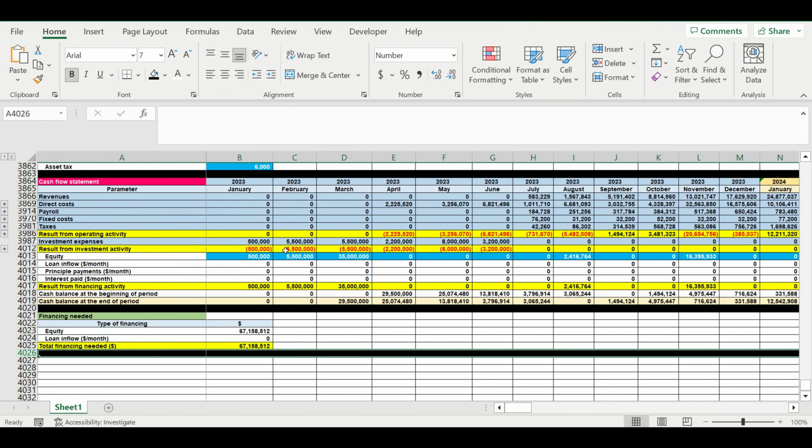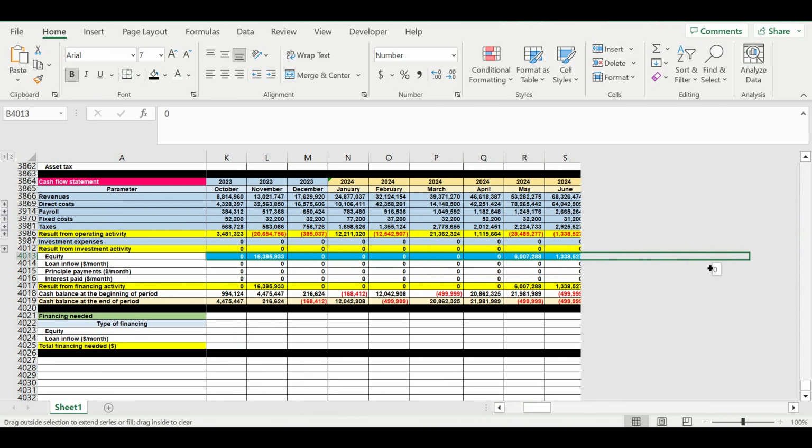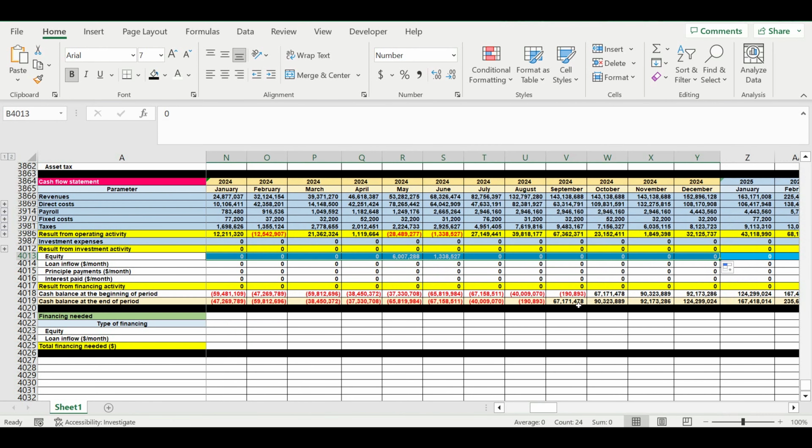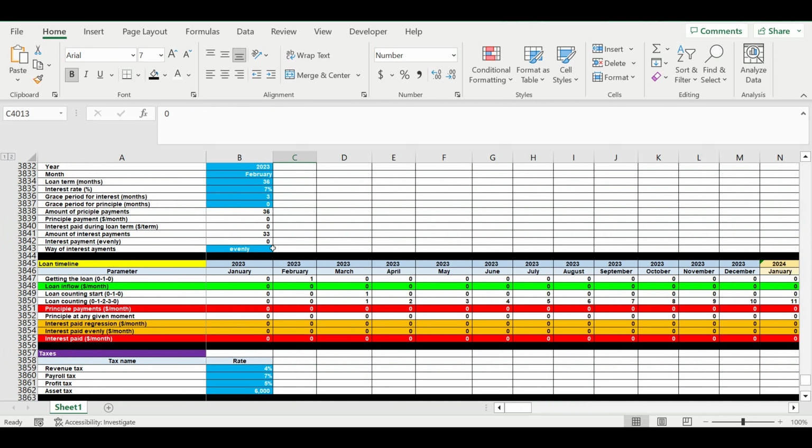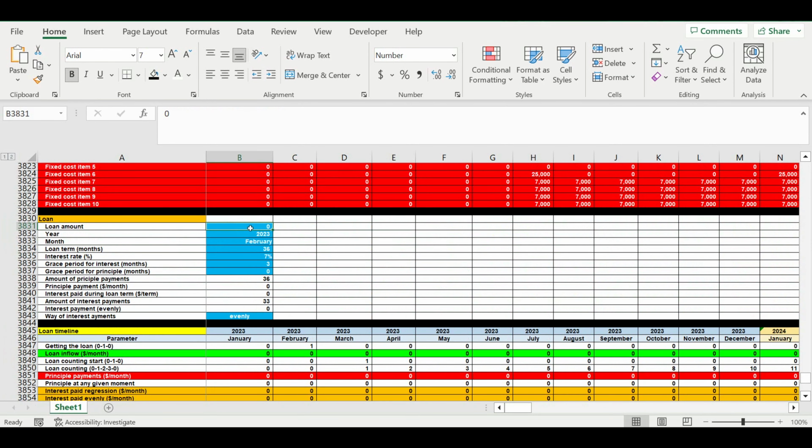So for example, now we can add a loan. So for example, we are taking a 15 million loan in February 2023.